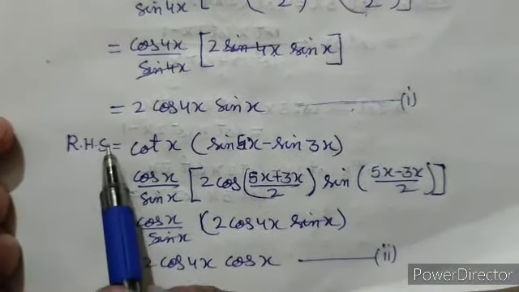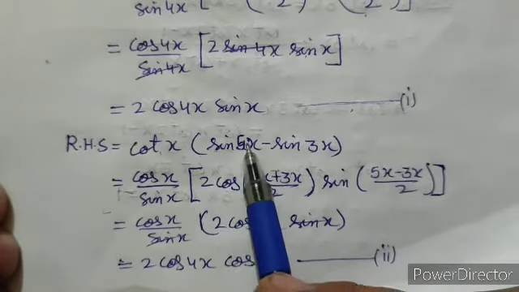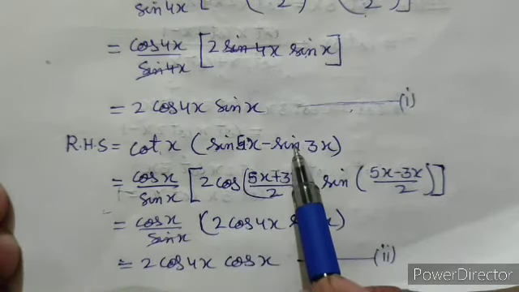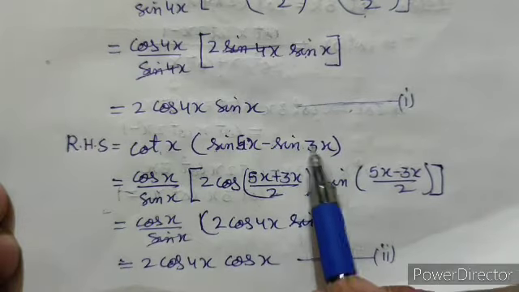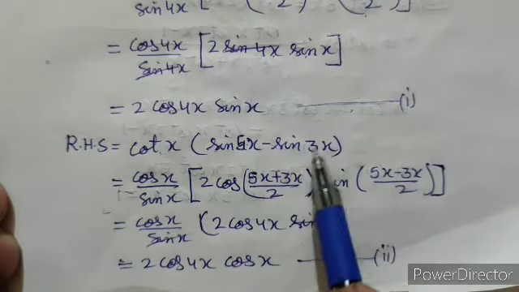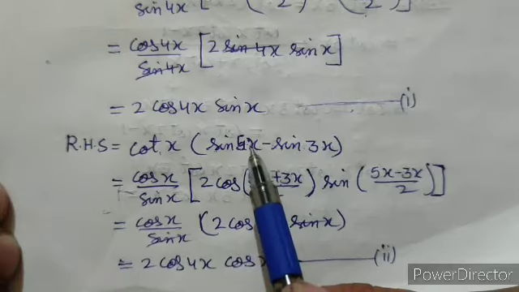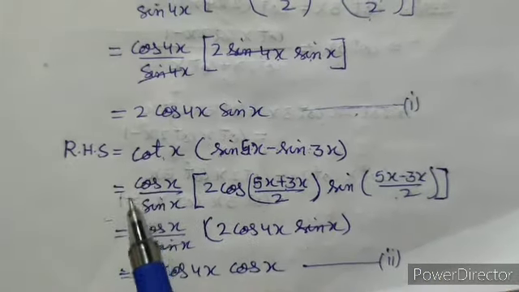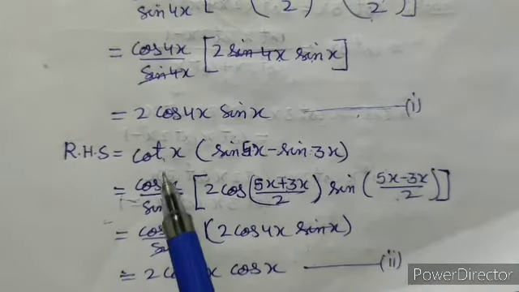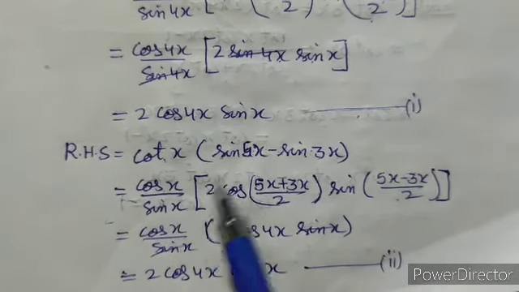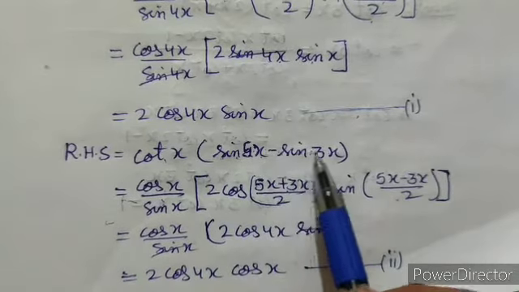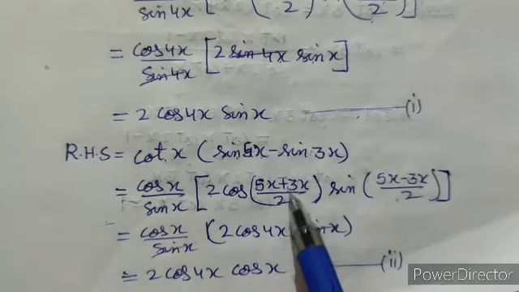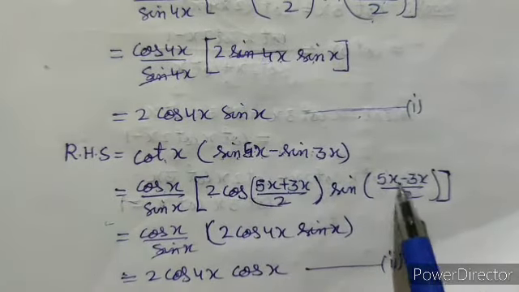Now right hand side was cot x into (sin 5x minus sin 3x). As we know, sin x minus sin y is equal to 2 cos (x plus y upon 2) into sin (x minus y upon 2). Now cot x can be written as cos x upon sin x, and sin 5x minus sin 3x can be written as 2 cos (5x plus 3x upon 2) sin (5x minus 3x upon 2).